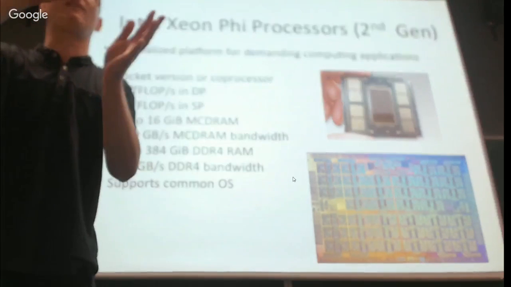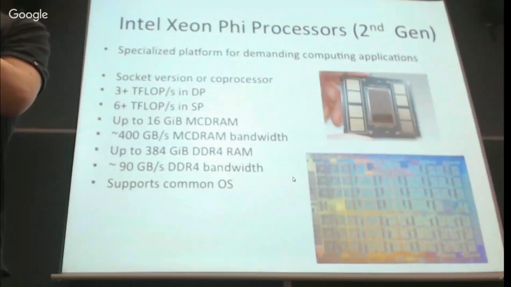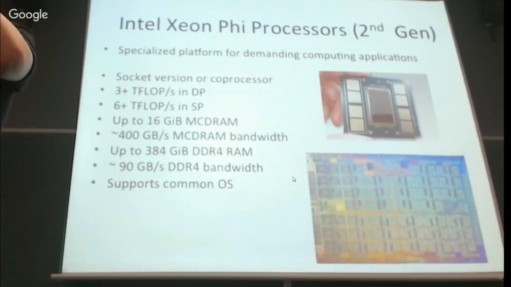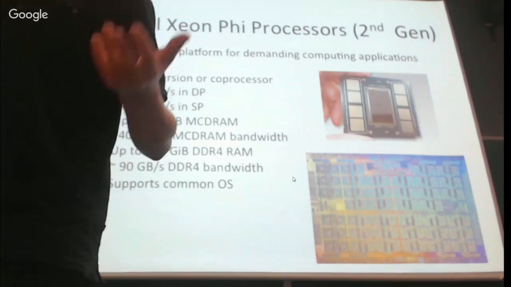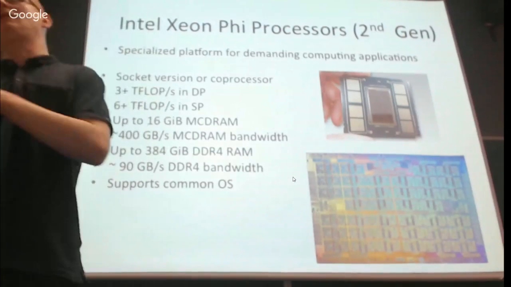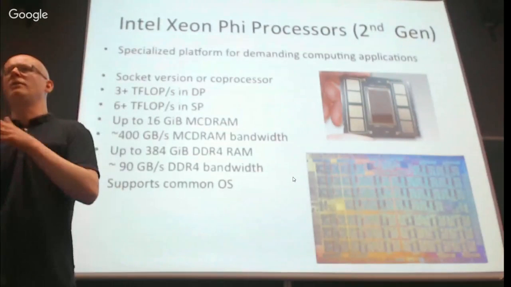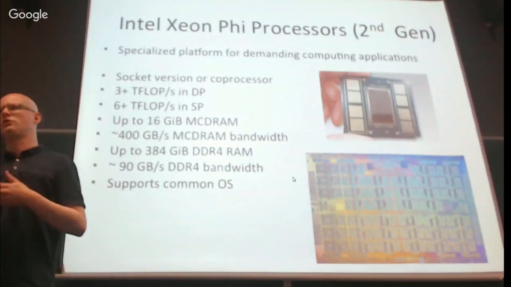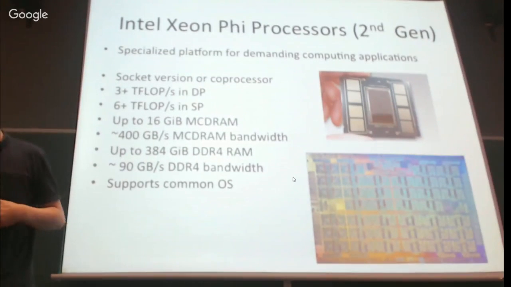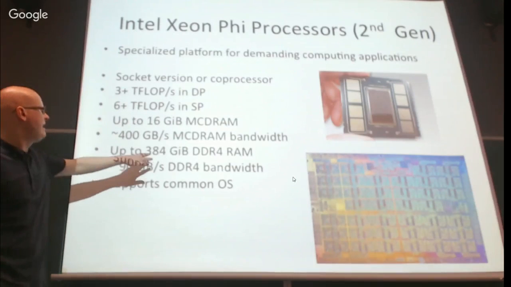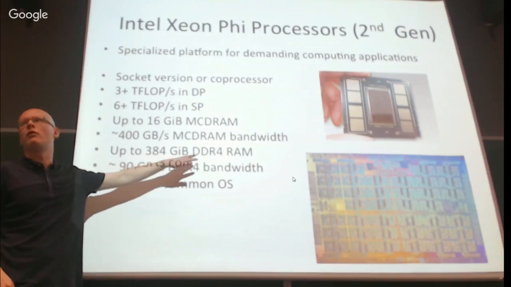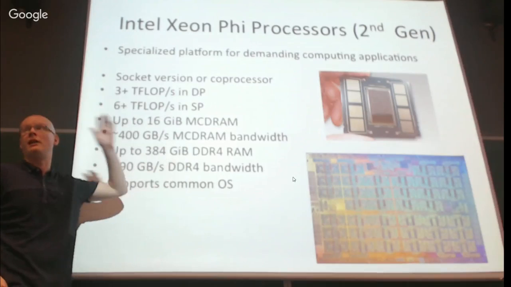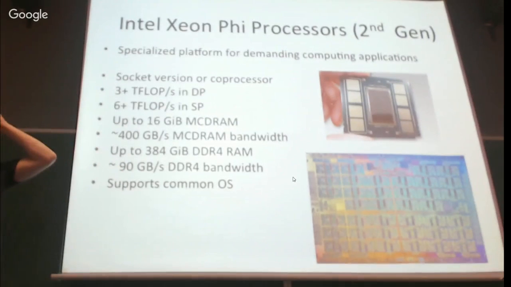And you can do that in an explicit manner, and we can talk about that later this afternoon. Or you can do it in a transparent manner, which is a lot easier to do, but not as effective in terms of performance. I'll touch on those different options later on. Up to 384 gigabytes of DDR4 RAM. So you have a lot of RAM available to you on these systems.